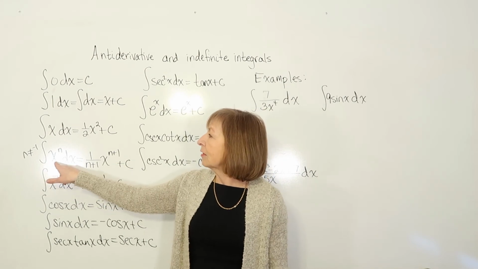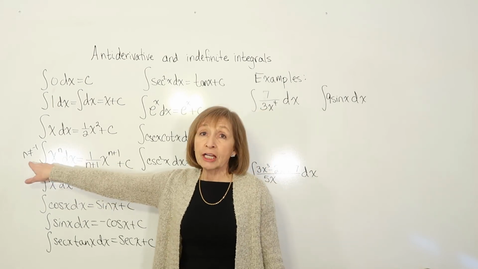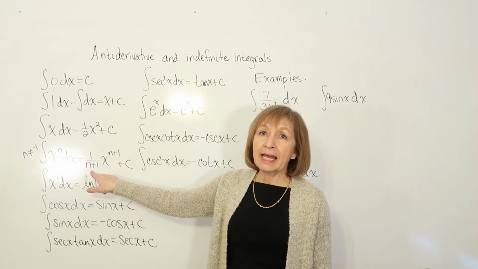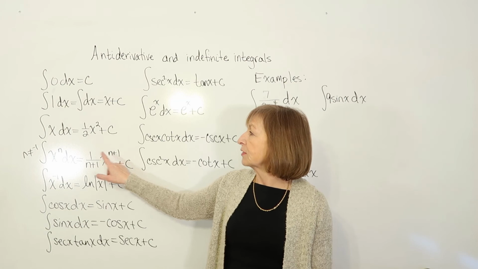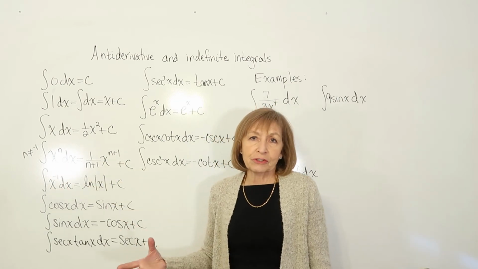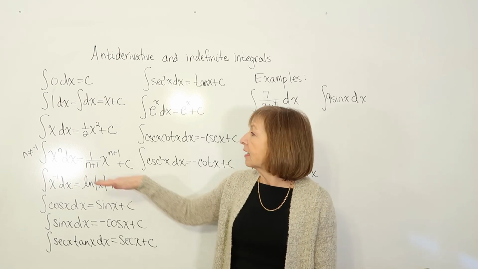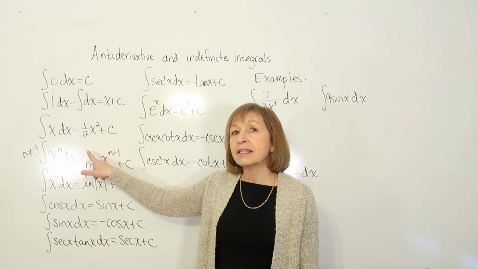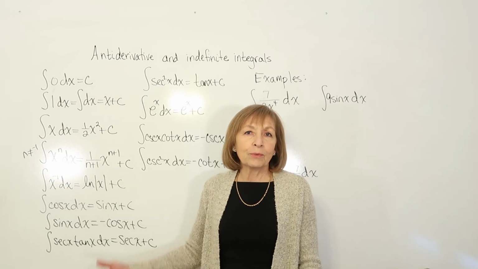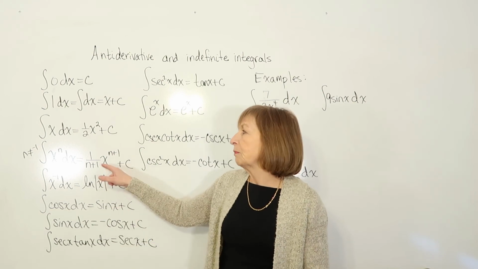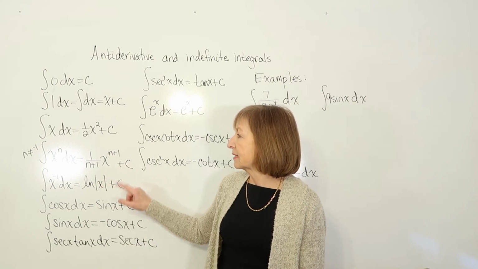And then our integral of x to the n dx, as long as your exponent's not -1, then that's 1 over n plus 1 times x to the n plus 1. So remember, add 1 to the exponent and divide by that. On the first screen, I put it underneath the x. On this one, I wrote it as a fraction in front, as a coefficient, and it really depends on the format of the term you're working with which one would be easier to think through, and then plus c.